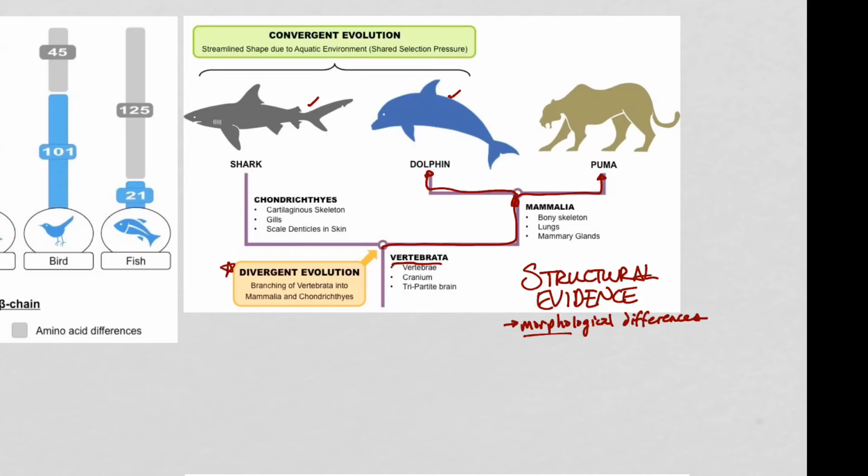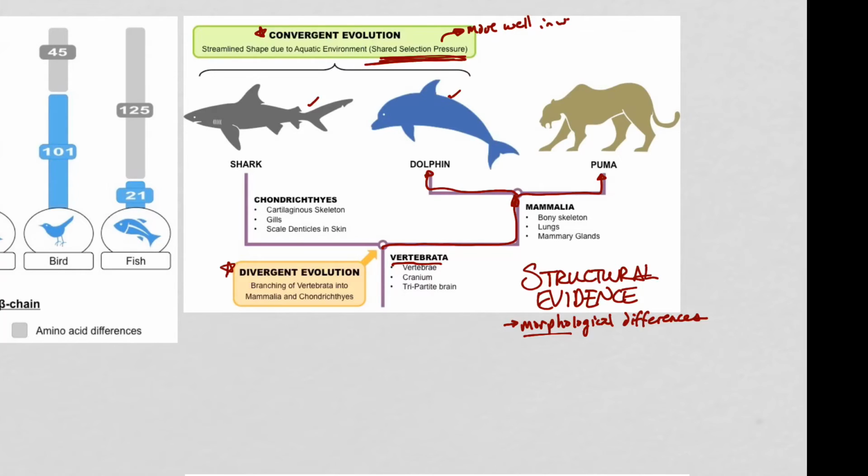And so it's important to remember that when we're looking at physical characteristics, not just to focus on one, but to look at a few. So the fact that sharks and dolphins are very similar is a kind of evolution called convergent evolution, which means that they are sharing a certain selection pressure. Now, in this case, the pressure, the thing that nature was saying, like, hey, you've got to be able to do this in order to survive here, is being able to move well in water.